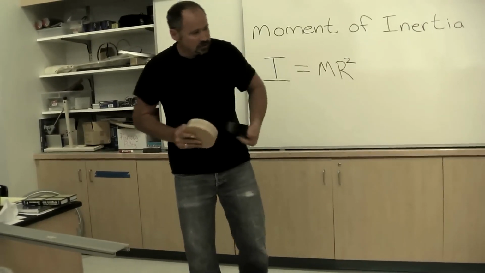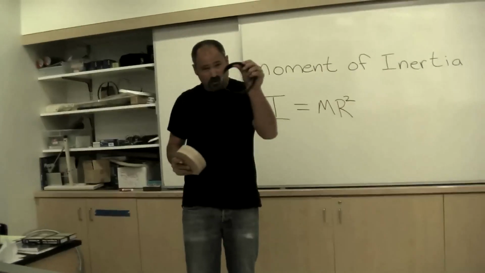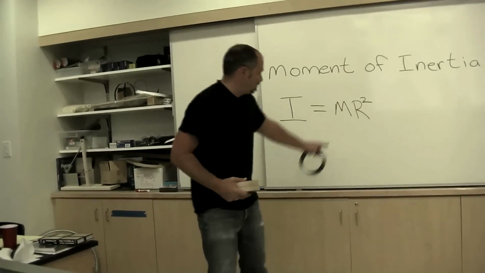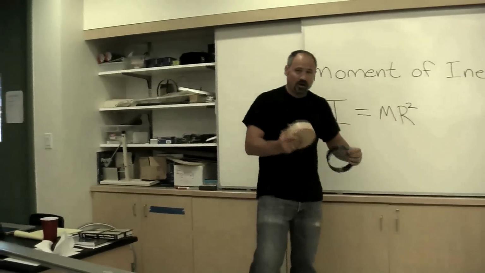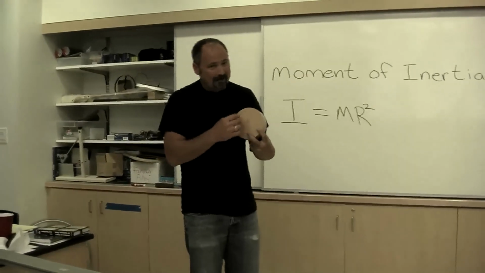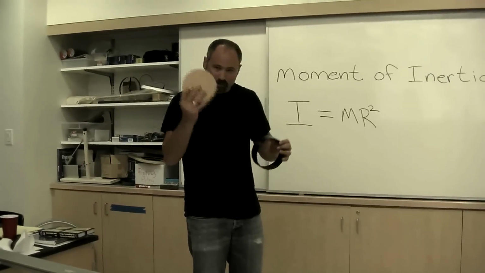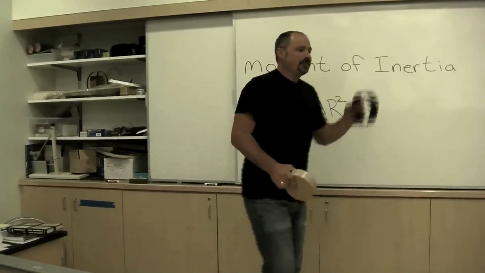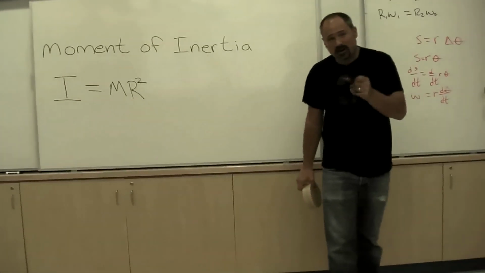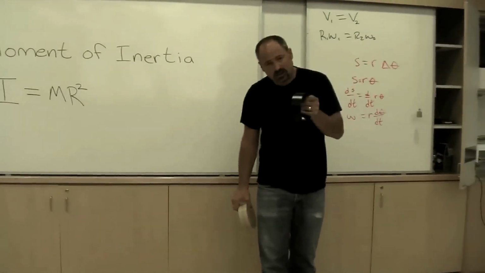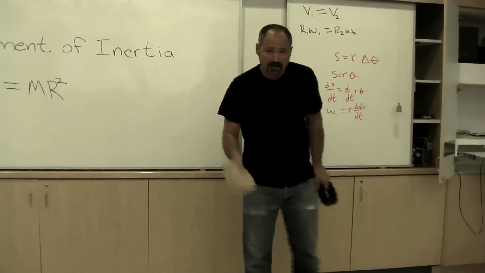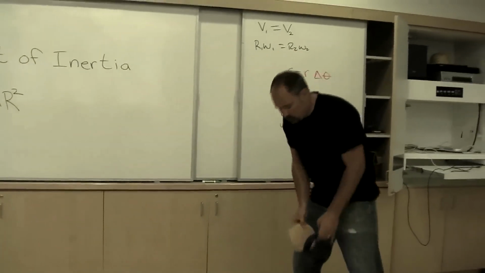So clearly the hoop has a larger moment of inertia than the disk, because all of its mass is at this full distance r squared, whereas for the disk it's distributed equally, so you have to do some average, but clearly the moment of inertia is less. The hoop resists rotational acceleration more than the disk. So we expect the disk to win the race.